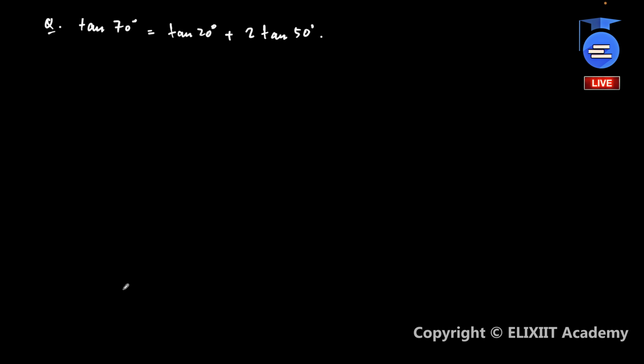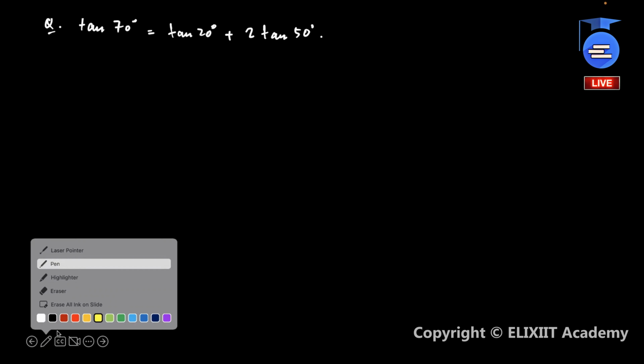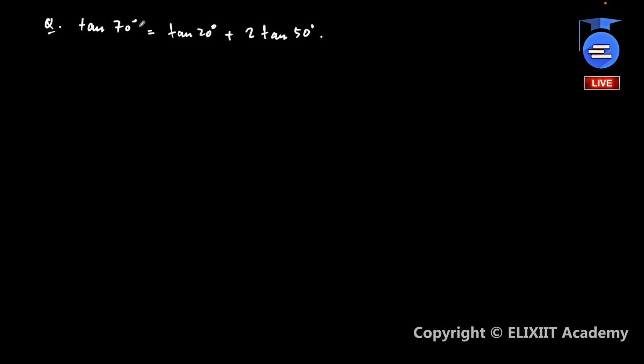Here, one observation you have to make. First observation, all the expressions are in terms of tan. So generally, we can think of using some formula for tan in terms of tan. And obviously over here, if you carefully see, the angles do have some relations between them: 70, 20 and 50.